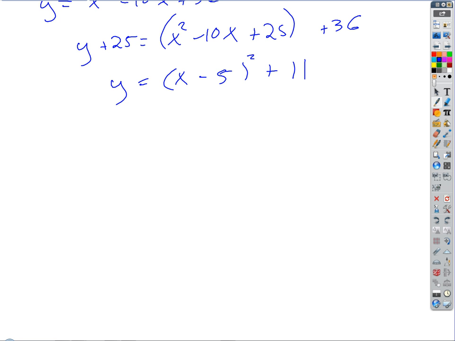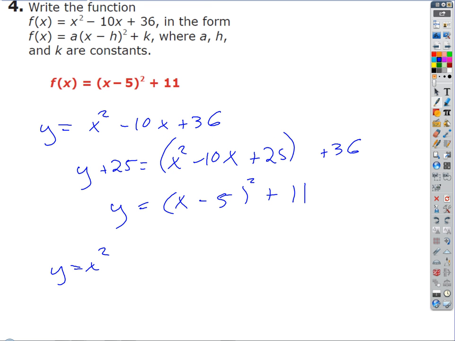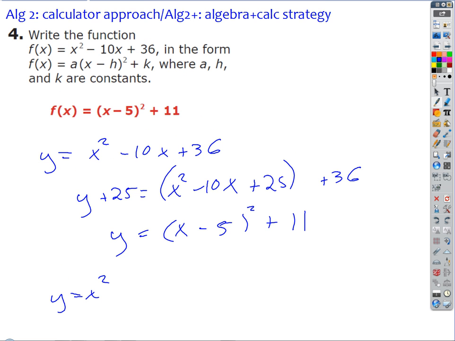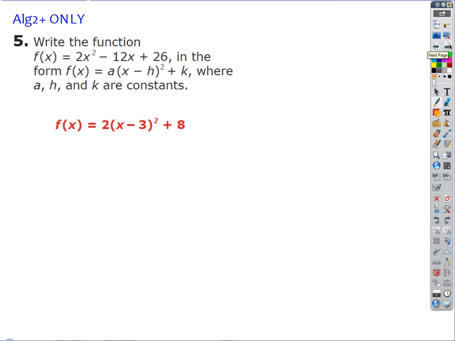We could take the parent function y equals x squared, and easily transform it using that. This tells us we're going to take that parent parabola, vertically stretch or shrink it, maybe reflect it, and slide the vertex left or right and up and down. All right, what happens if you get one like this?